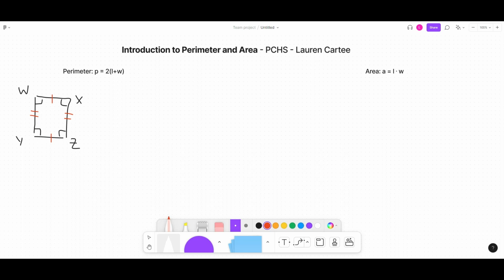If we were given the length of WX and said it was 8 inches, and if we were given the value of XZ, saying it's 4 inches, we can easily substitute them and put them on each side because, again, they are congruent.